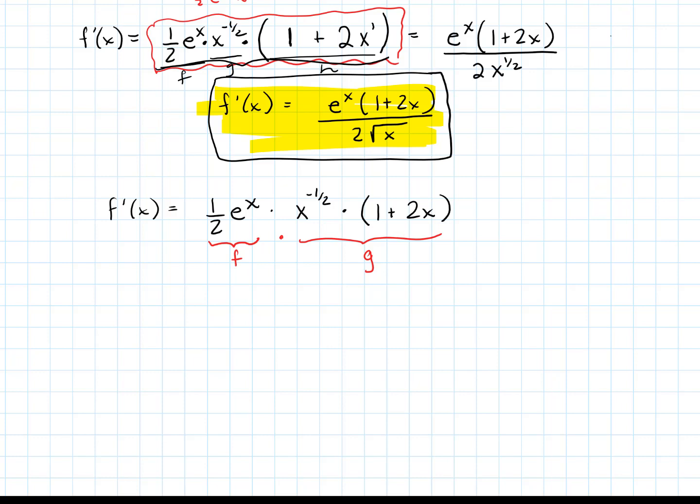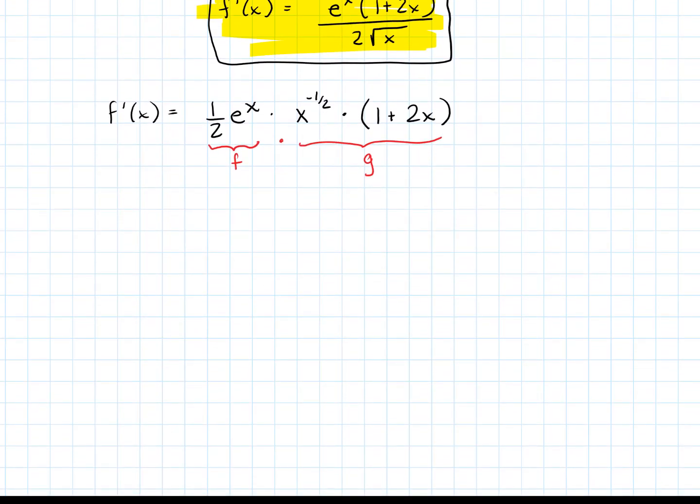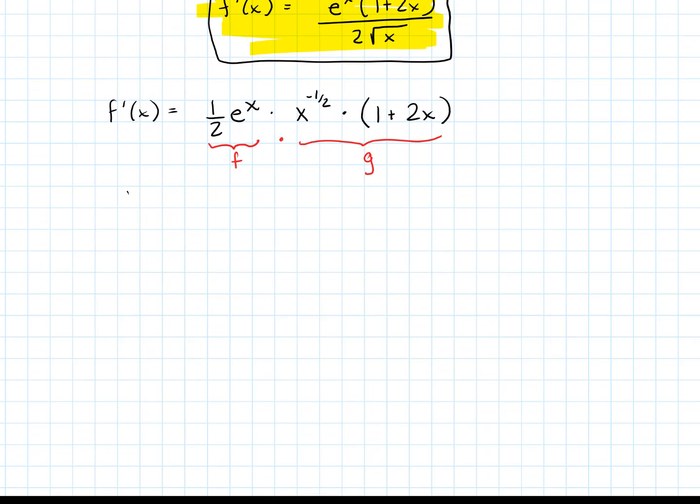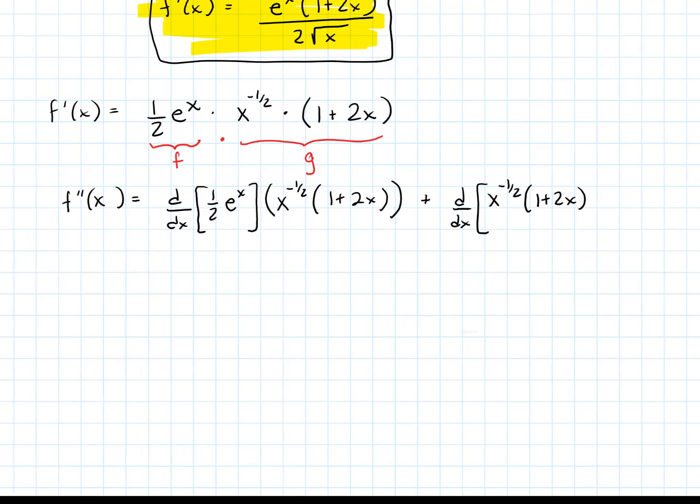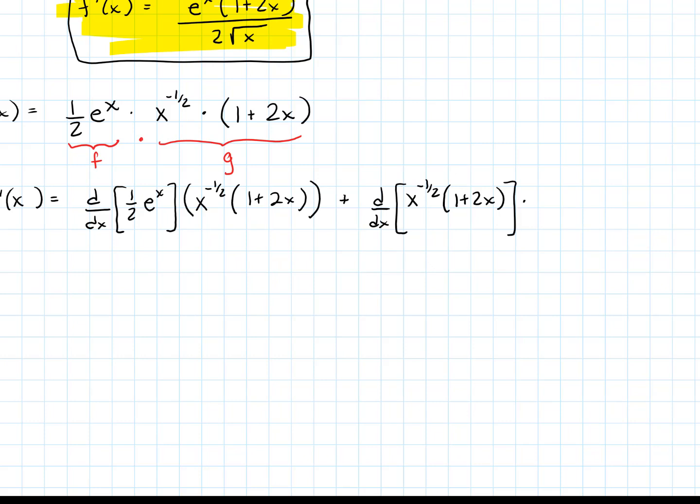Okay, so as we write this out, you're going to watch me do this. There's some layering here. As we take this derivative, f double prime now, we are going to take the derivative of the first function, which is 1/2 e to the x, times the second function, x to the minus 1/2 times 1 plus 2x, plus the derivative of x to the minus 1/2 times 1 plus 2x, times 1/2 e to the x.